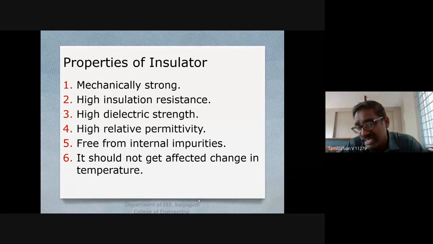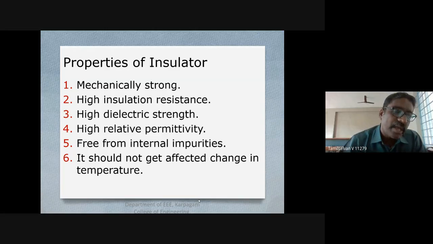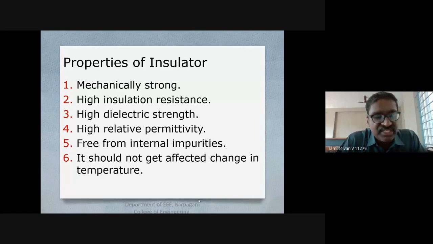If it has impurities, it becomes a semiconductor due to the potential gradient, and a breakdown may happen. That's why the insulator material should be non-porous and free from impurities and cracks.